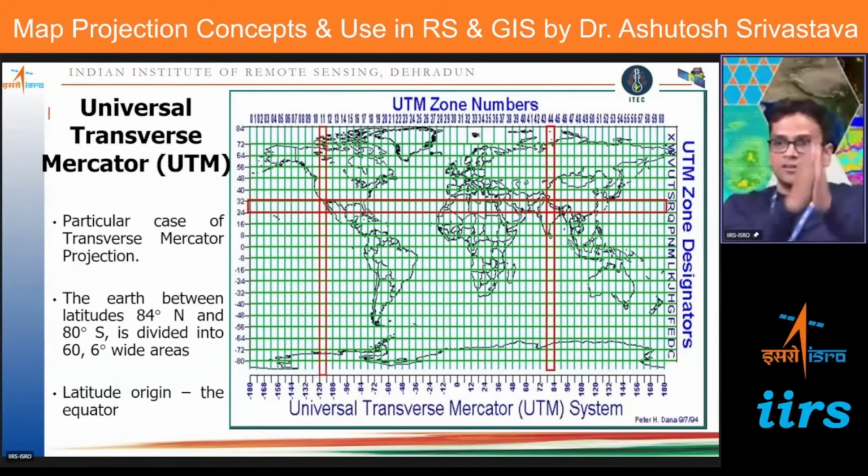We define the grids with a size of around 6 degrees of longitude. If anyone falls in a particular zone only, then they will use that particular UTM zone number. So the idea is that distortion can be kept within one region only. If we are not falling in that zone, then we go for another zone.